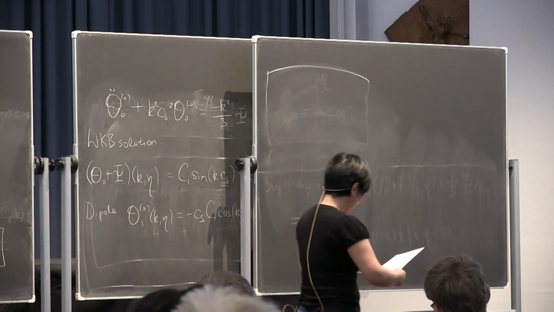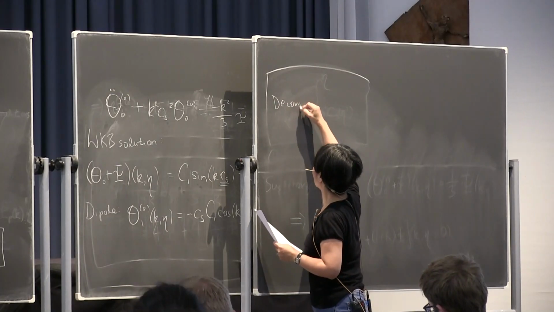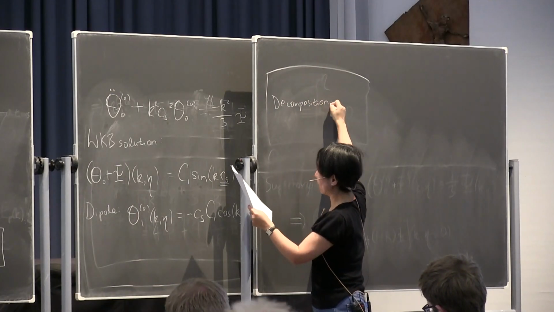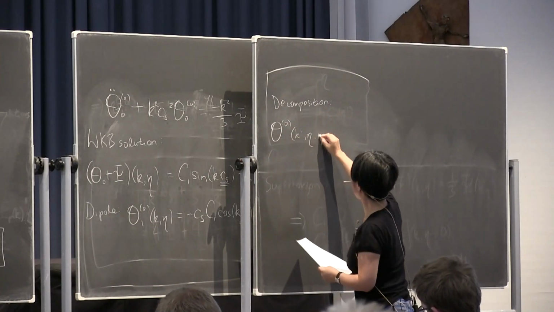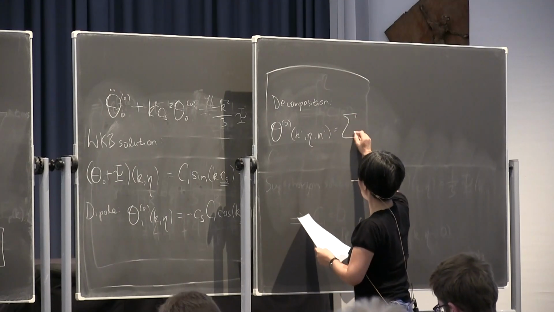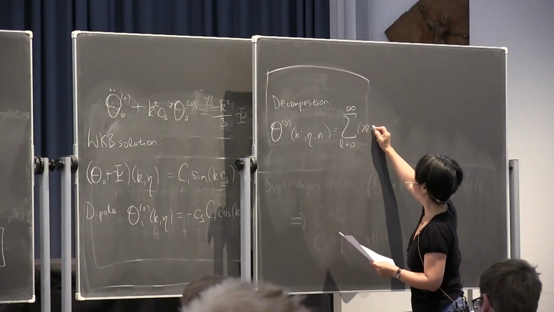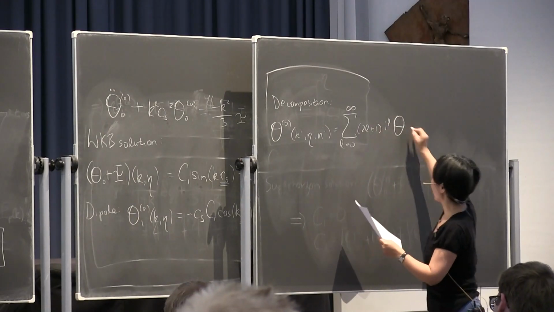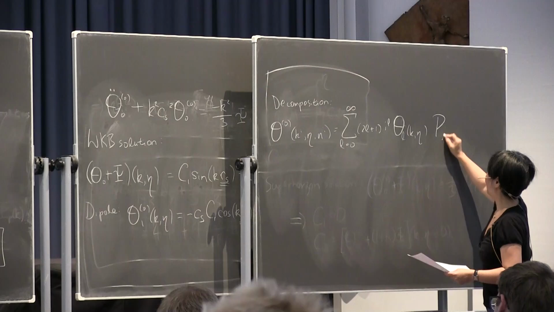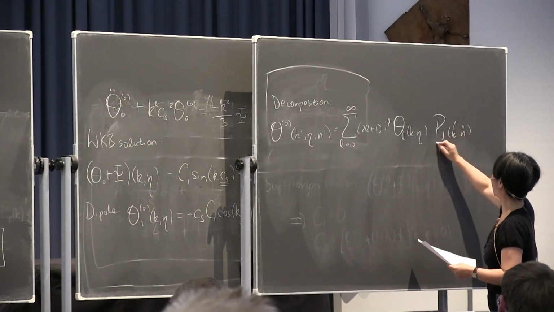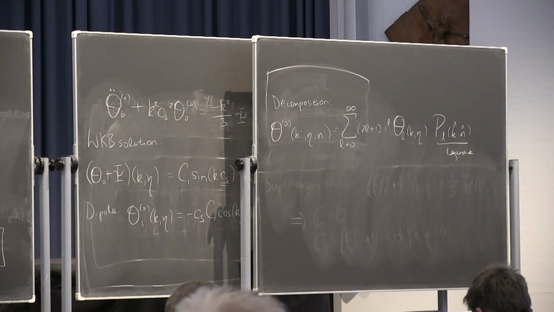So in other words, we usually do a decomposition like this: θ₀(k, η, μ), and then you sum all the way from l equals 0 to infinity, with some prefactors, and then you have θ_l(k, η), and then you have the Legendre polynomials, or the m equals 0 spherical harmonics, if you like.